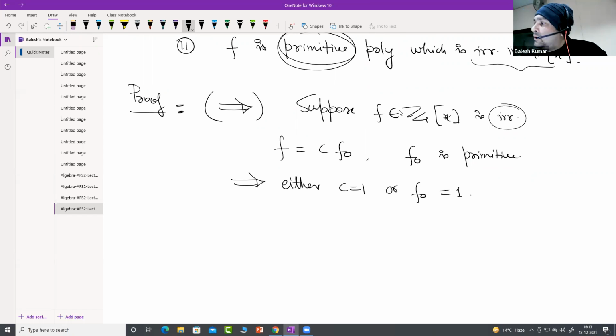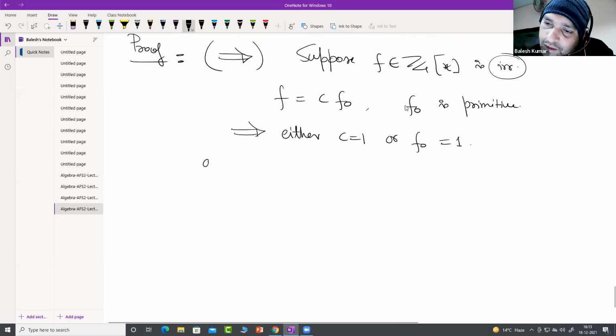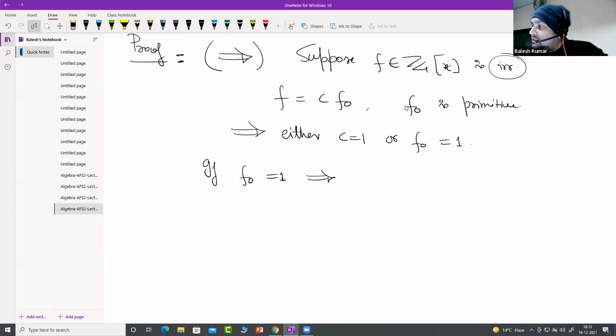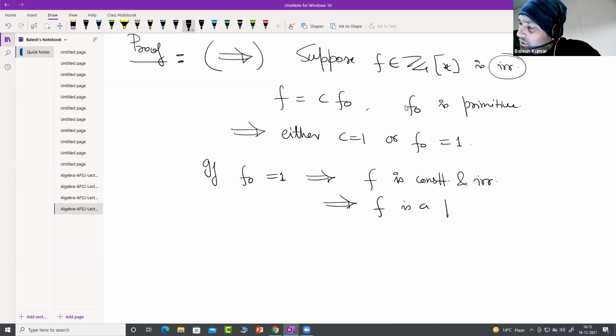Now let us see what happens if f0 is equal to 1. Then f is constant, and that will be exactly equal to c. And f is constant and irreducible, so this implies that f is a prime integer. Any constant irreducible element inside Z[x] is a prime integer, that we know.